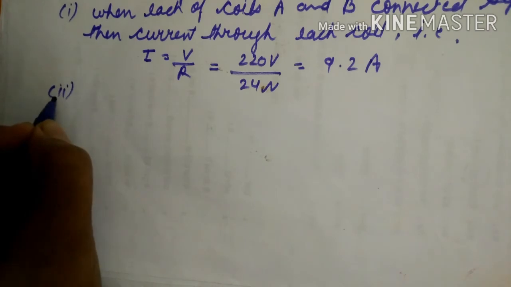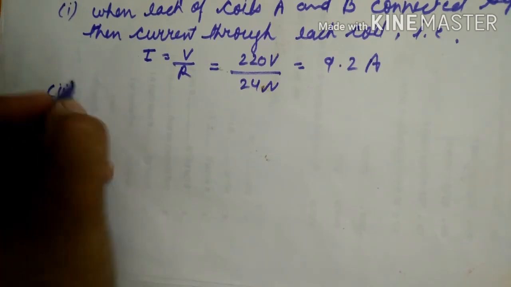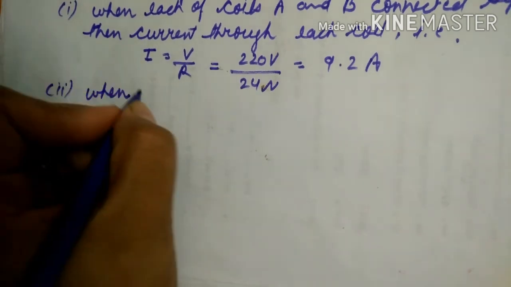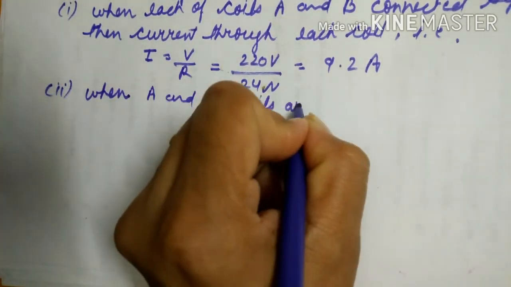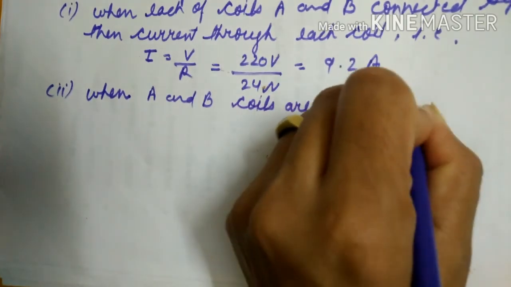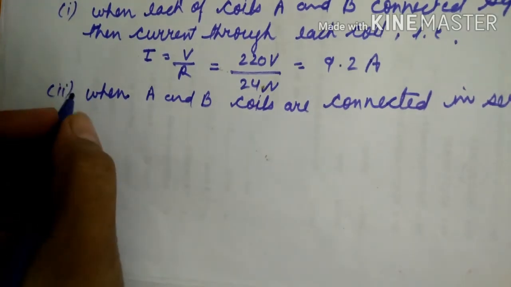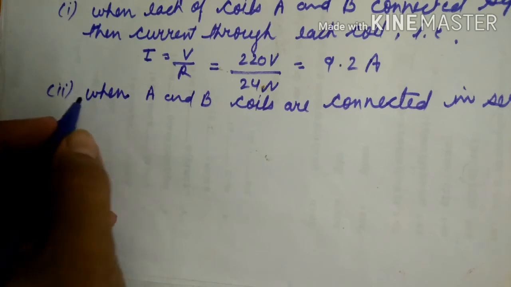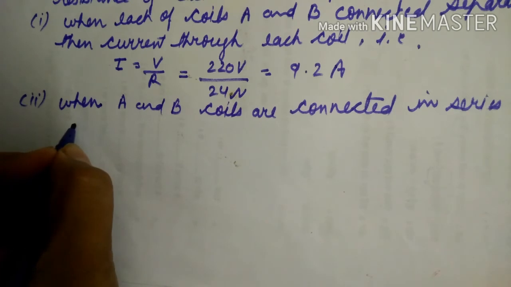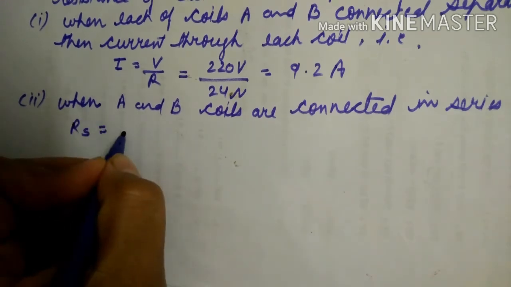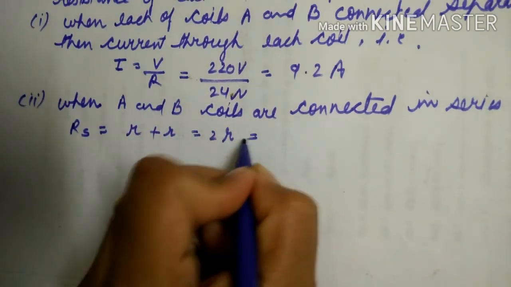Now for the second case, when both the coils are in series. So when A and B coils are connected in series, so their equivalent resistance in series, it will be small r plus small r of each coil, that is 2r.